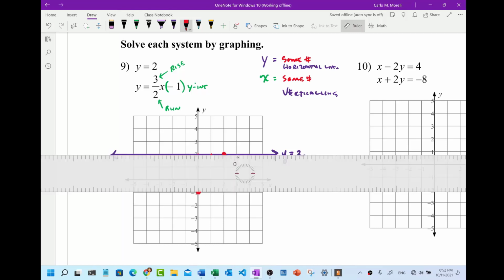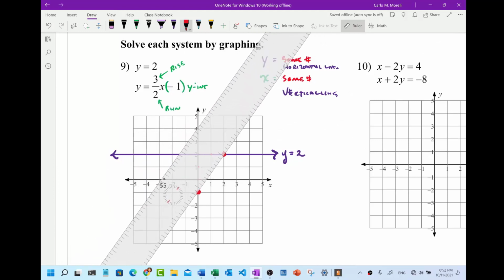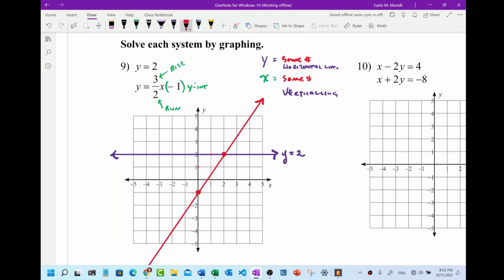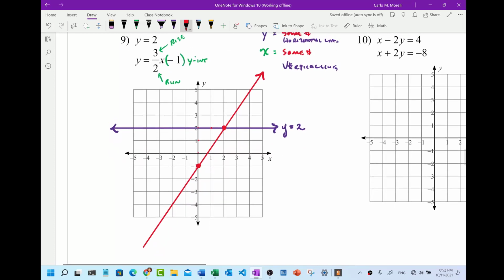So that's my point of intersection. That's the solution at that coordinate right there. But let's go ahead and draw the line. Okay, bingo. We drew the line, and we'll label it. This is y equals 3/2 x minus 1. Okay, well, what is the answer to the question?